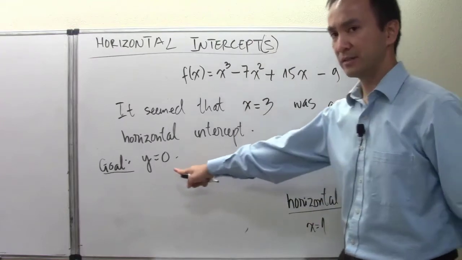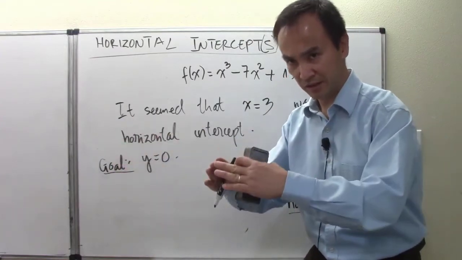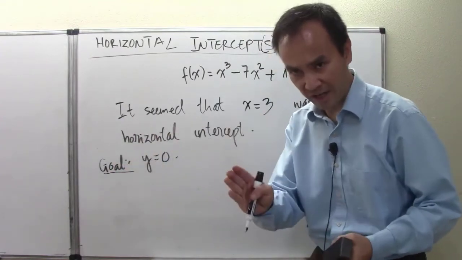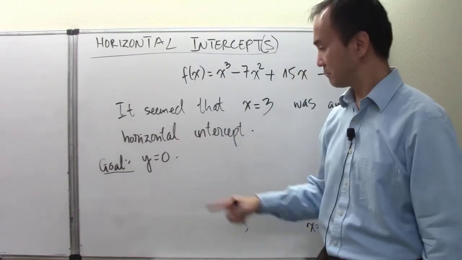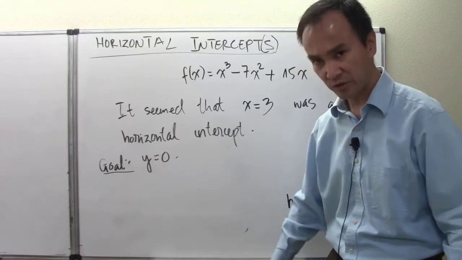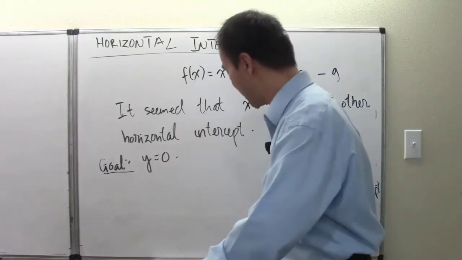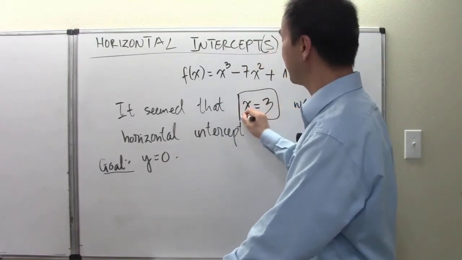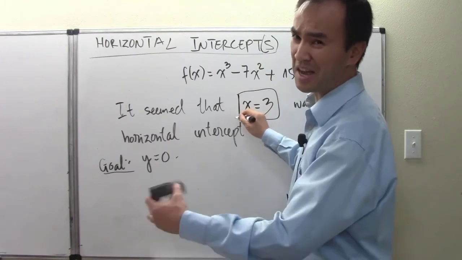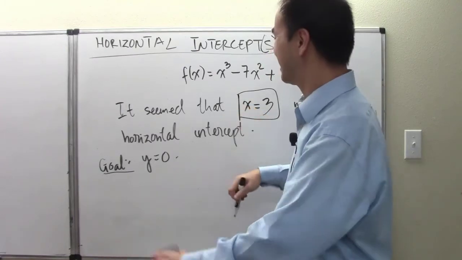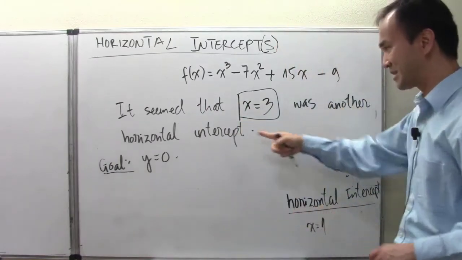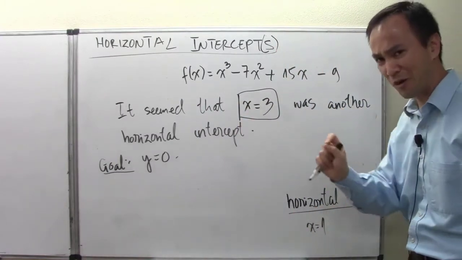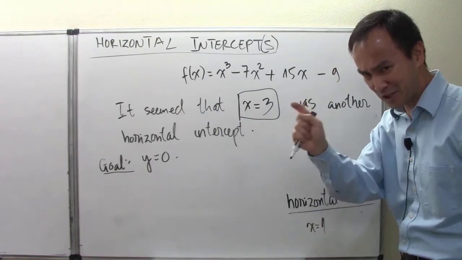So now I'm going to repeat that logic right here. When it comes to a horizontal intercept, the y value, the vertical value, needs to be 0 there. That's why the goal here is y has to equal 0. And so in that way, how do I verify? How do I verify that this really is, instead of saying it seems that x equals 3 was another horizontal intercept? Now we want to get it solid, crystal clear.